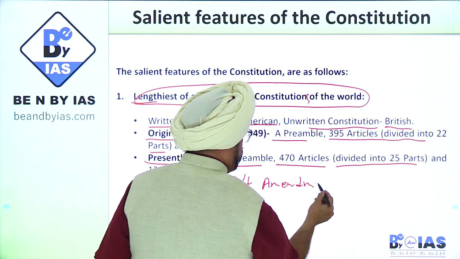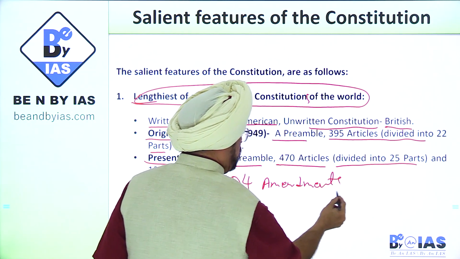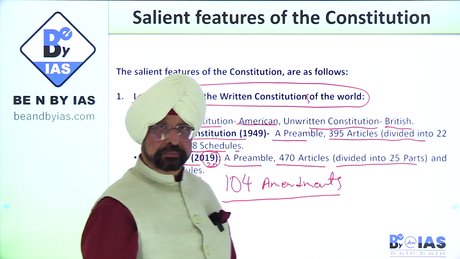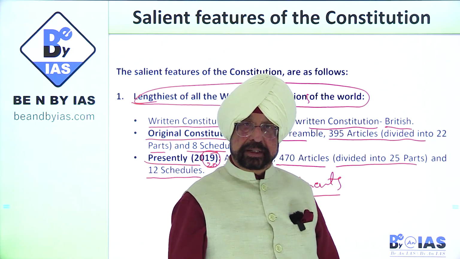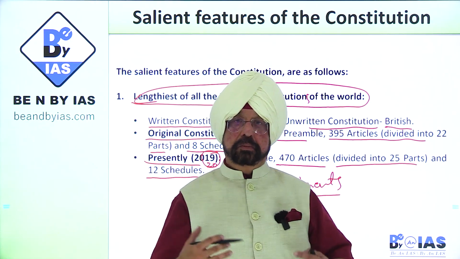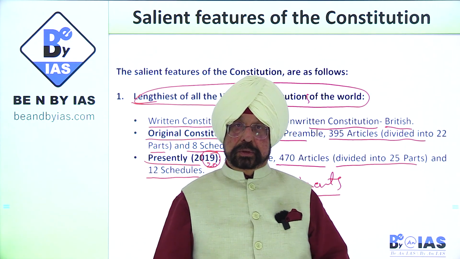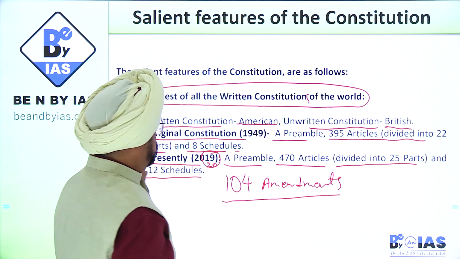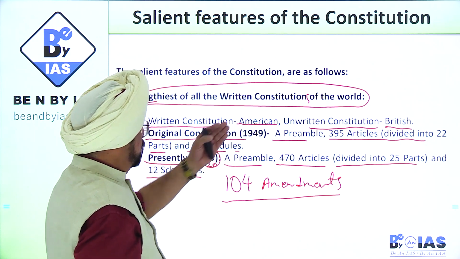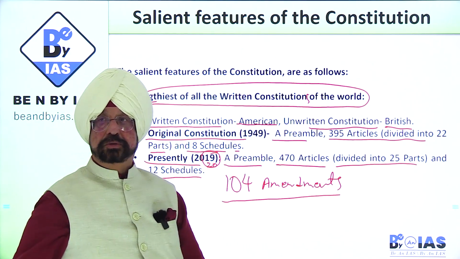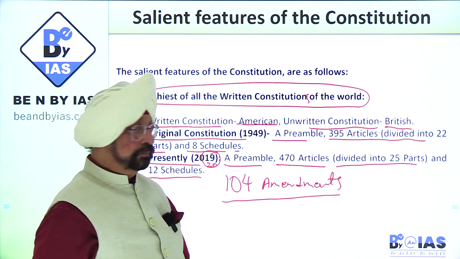So by way of amendments, what has happened? Some provisions have been added, some have been repealed, some have been modified. So this is how it makes the Indian Constitution the lengthiest written constitution of the world.